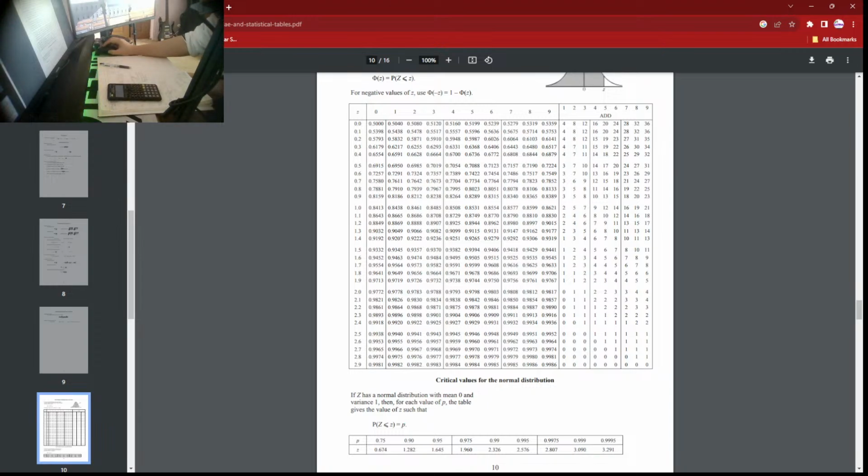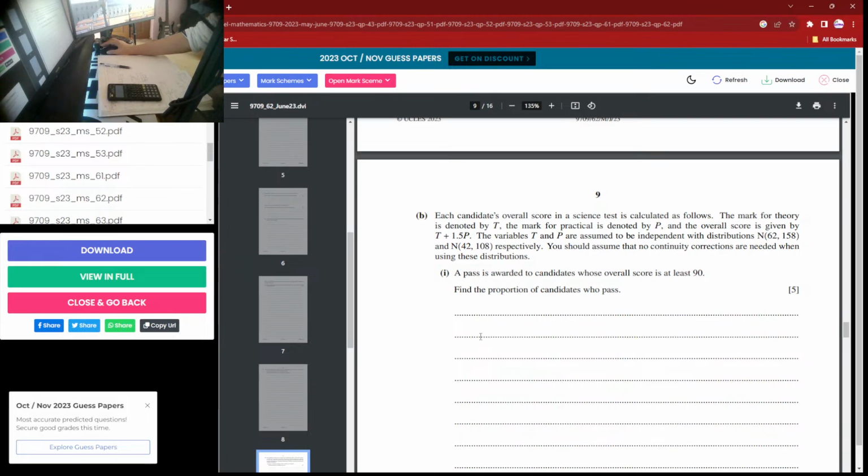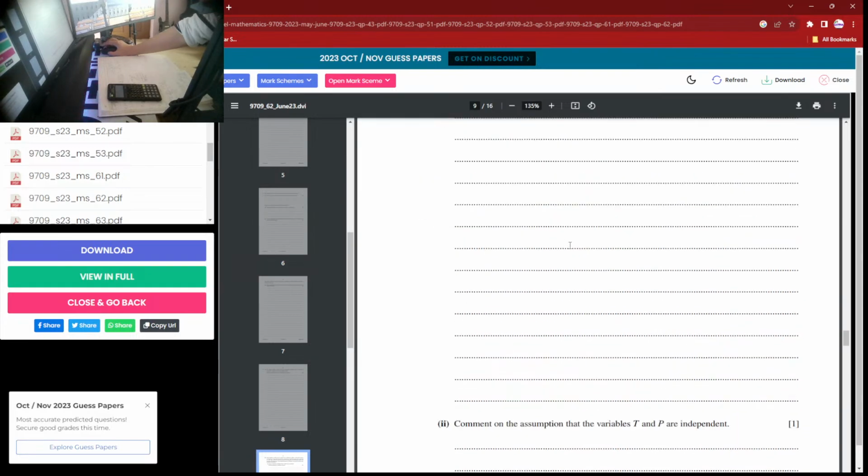So that's the probability. Oh, find the proportion of candidates who pass. What does that mean? Oh, yes, it's just the probability from the proportion.